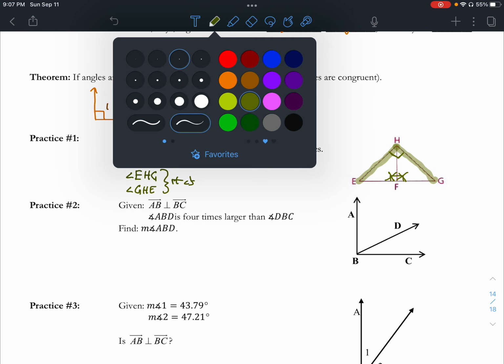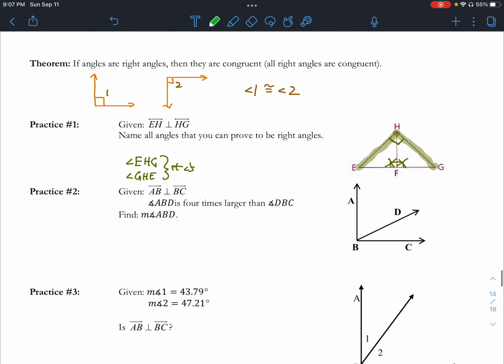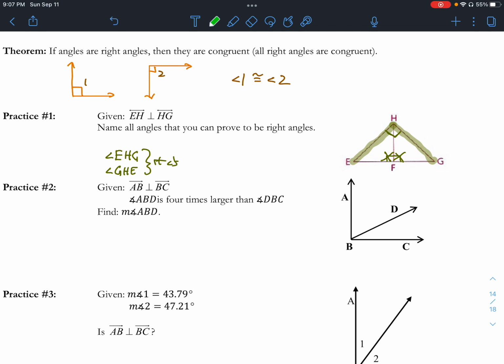Let's bring us to the next problem. Given that AB is perpendicular to BC, if I outline the two things that we're looking at, AB is perpendicular to BC, I'm going to go ahead and put in that right angle right there. Basically, they're telling us that thing's going to measure 90 degrees. And now we see the fun stuff. This is 4 times larger. Guys, remember when I said that this is all just a ratio problem?